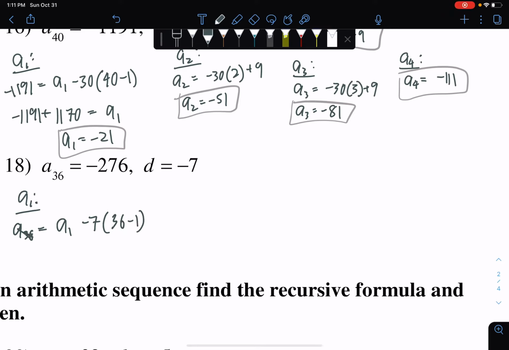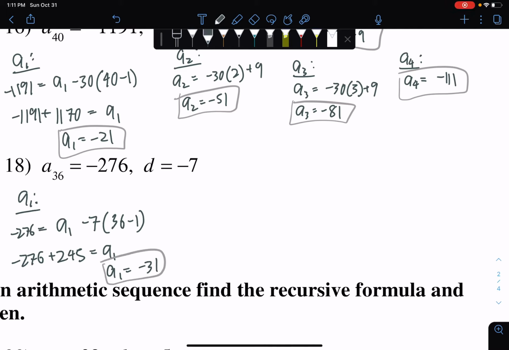So for a sub 36, we have negative 276, and at the right side of the equation, negative 7 times 35 is negative 245. Transpose to the other side, negative 276 plus 245 is equal to a sub 1. A sub 1 is equivalent to negative 31.